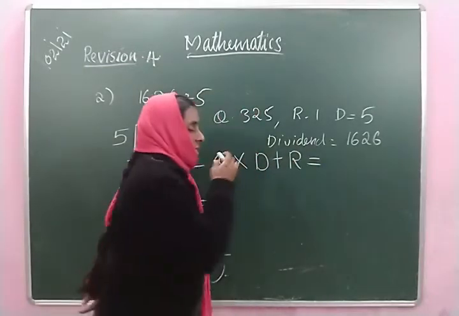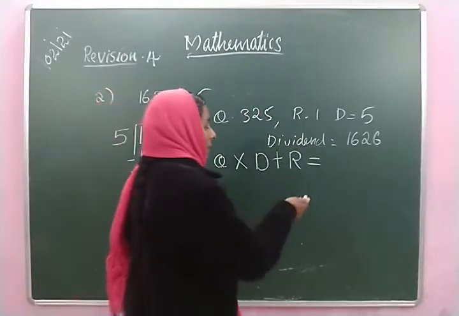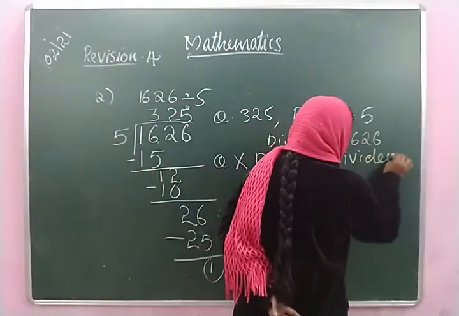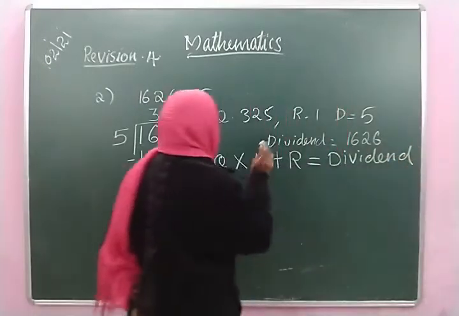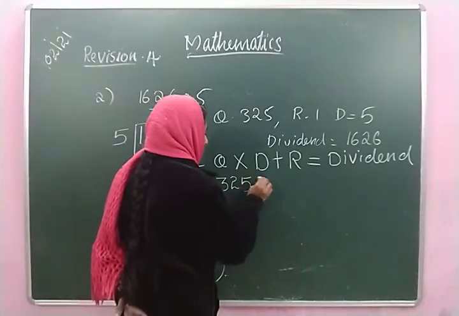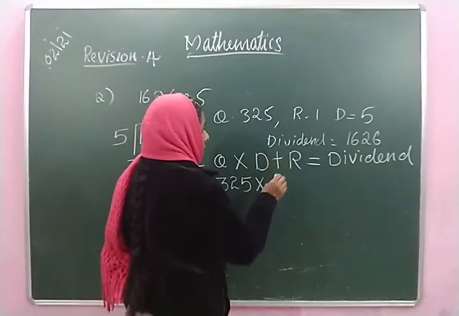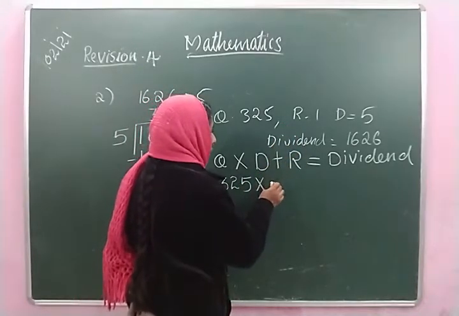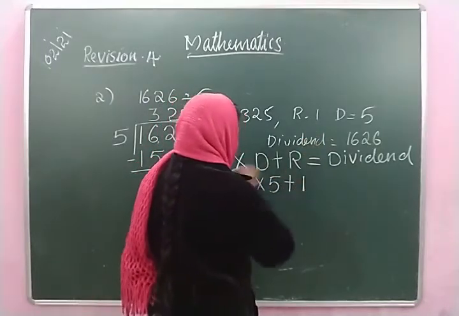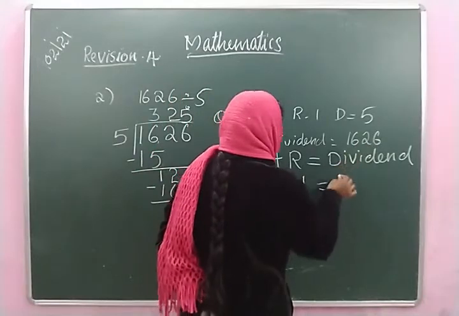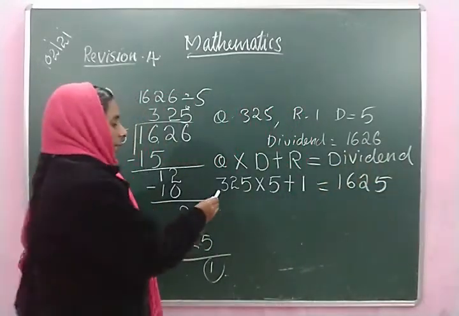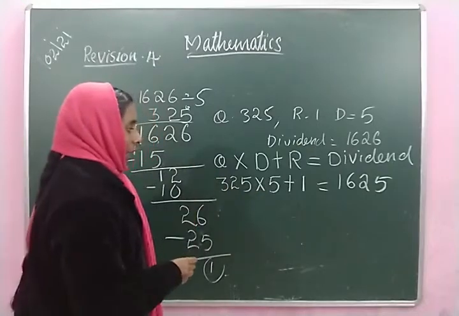After doing this whole step, we will get the dividend. So 325 multiplied by the divisor 5, plus the remainder 1, we should get 1626.